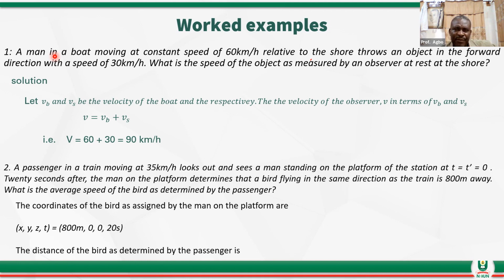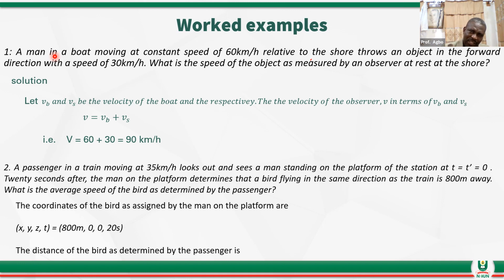Now, the velocity of the observer V in terms of VB and VS, that is the velocity of the observer on the shore, will then be the addition of the velocity of the boat, because the boat is already moving, and somebody in the boat throws a ball that also moves at a certain speed of 30 kilometers per hour.